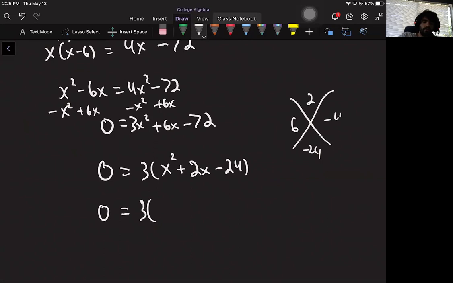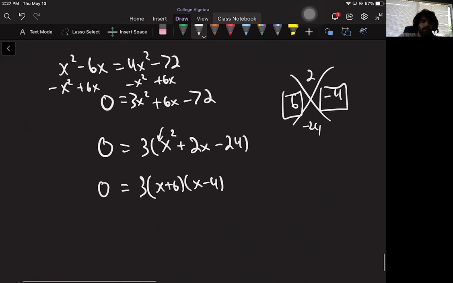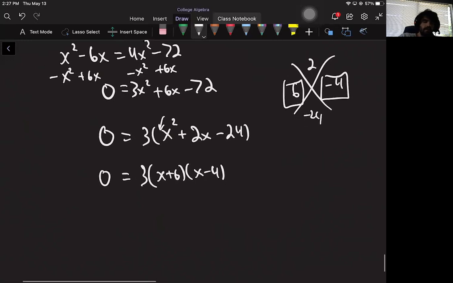So a 6 and a negative 4 should do it. Because I took out this 3 ahead of time and it's just a 1 now, I don't have to do the long process when I factor. It just becomes x plus 6 and x minus 4. If I didn't take that 3 out ahead of time, then I would have had to do the other version of the box method.